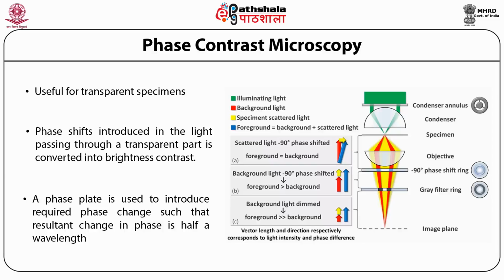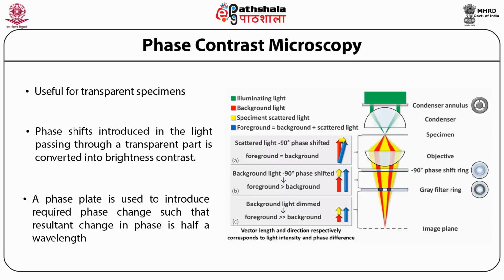The principle, the mechanism behind any phase contrast microscope, is presented through this cartoon here. You have a condenser annulus just in front of the light source, then you have a condenser which focuses the light onto the specimen, then you have the objective, and then you have a phase plate which introduces either plus 90 or minus 90 degree phase shift.